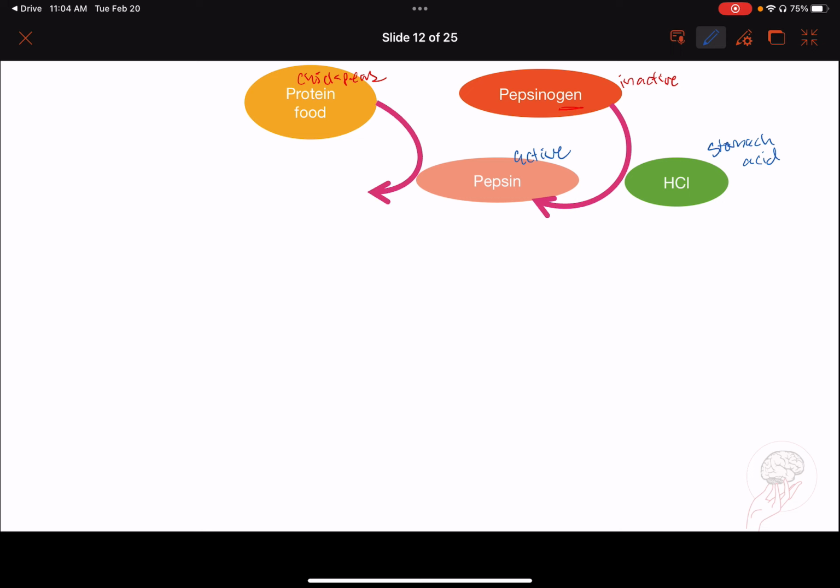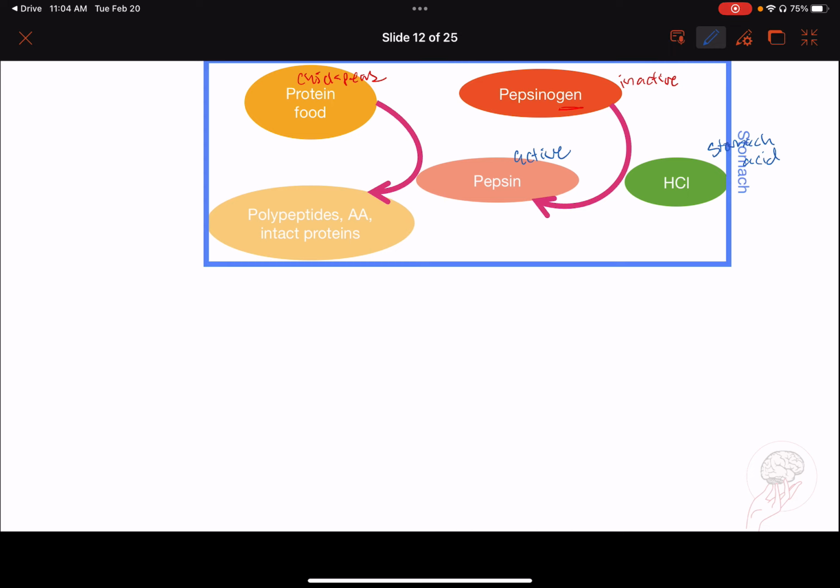Pepsin is going to break down the protein into polypeptides, amino acids, and some intact proteins. And all of this is taking place in the stomach. So these polypeptides signal for the secretion of CCK and secretin.